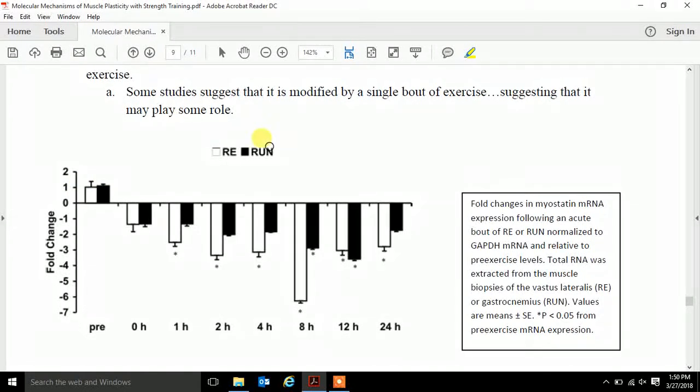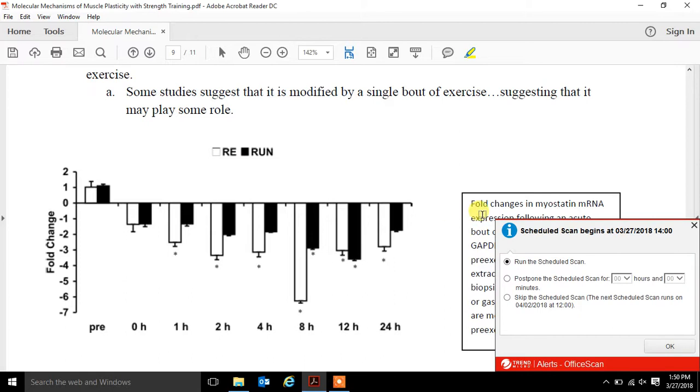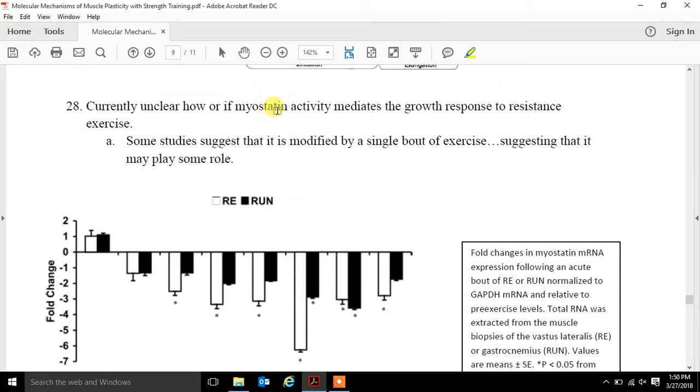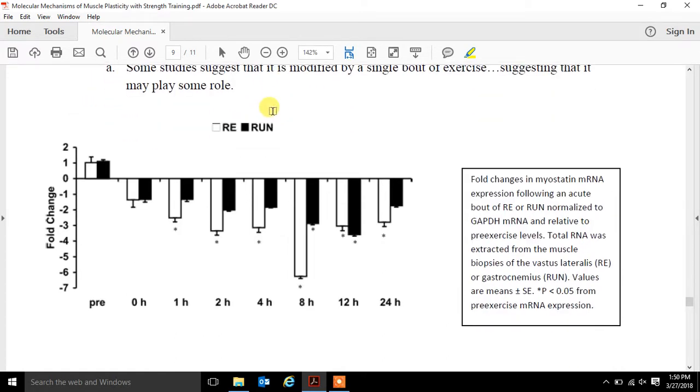If we look in response to individual bouts of exercise, at times 0, 1 hour post, 4 hours post, we start seeing a negative regulation of mTOR over the first 24 hours in response to resistance versus running. We can see a pretty significant impact in resistance exercise at about the 8-hour point. So it suggests it may have some role with resistance exercise, but it doesn't appear to be the primary role.